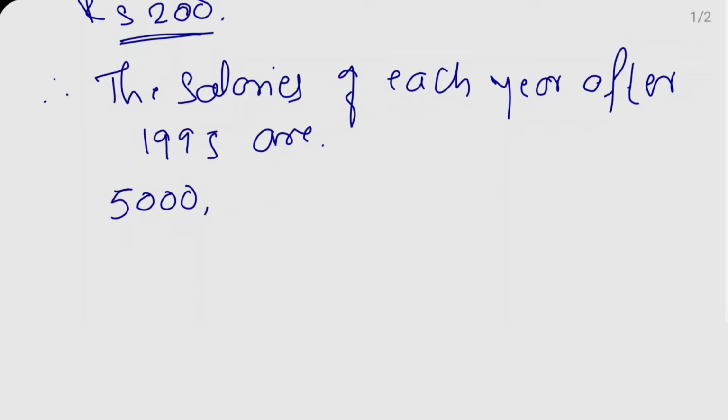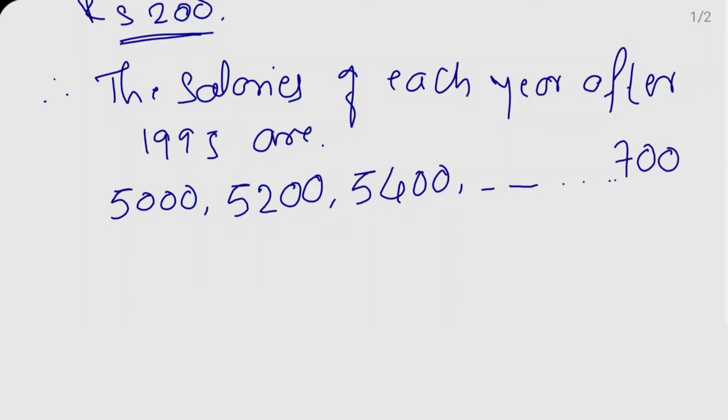So next year he got a 200 rupees increment, so here his salary is 5200. Then next year he got a 200 increment, so salary is 5400. So on, and after some years he got the salary 7000. Is it clear? So we want to find out which year he got 7000.